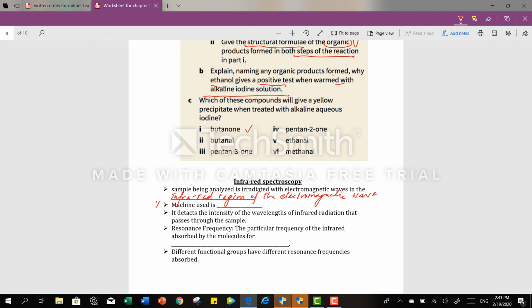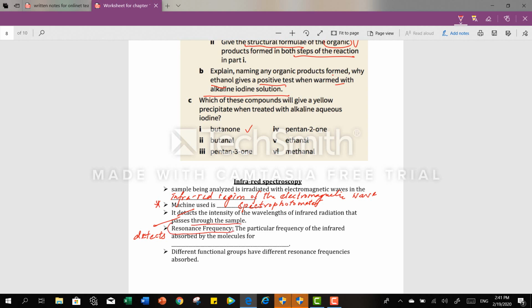Now the machine used is called a spectrophotometer. Can you please remember the name of the machine? Of course, we don't have this kind of machine in the chemistry lab. It's a very advanced machine which can be found in university. It detects the intensity of the wavelength of infrared radiation that passes through the sample.